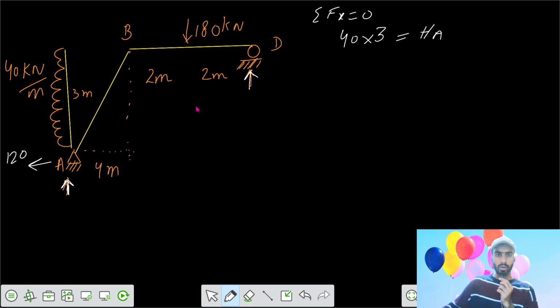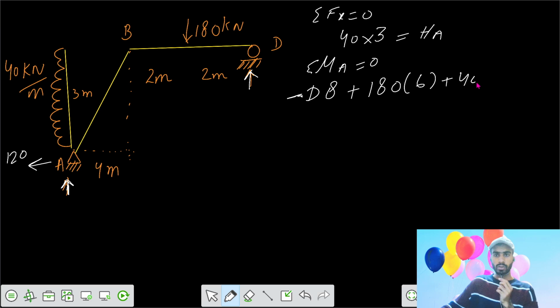And now if we do summation of moments about your point A equals 0, we can say D into your length of 8 meter anti-clockwise, then after that you had clockwise moment of 180 into your 6 meter. Then because of the UDL, we can write clockwise moment of 40 into 3 meter, and it acts at the centroid, so 3 by 2, that equals 0.